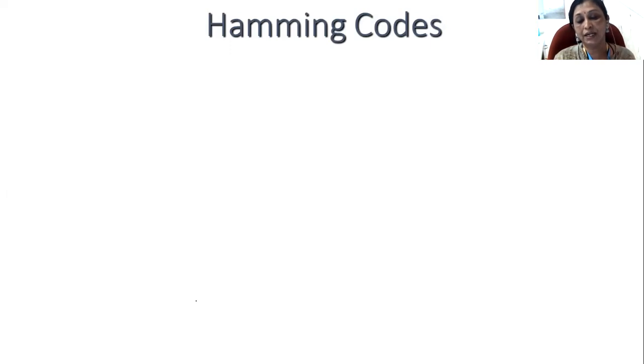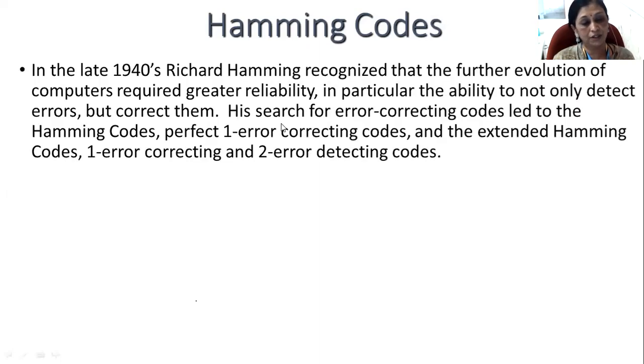After converting it into the code, it must be transmitted to the destination. When the destination receives this Hamming code, the destination also has a mechanism to detect and correct the error. So Hamming code is one of the good methods of error detection and error correction.